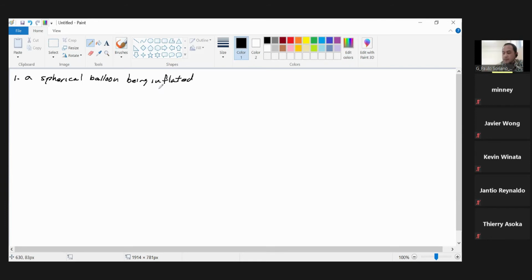Okay, a spherical balloon being inflated, oh wait, the radius. I forgot to place that one.